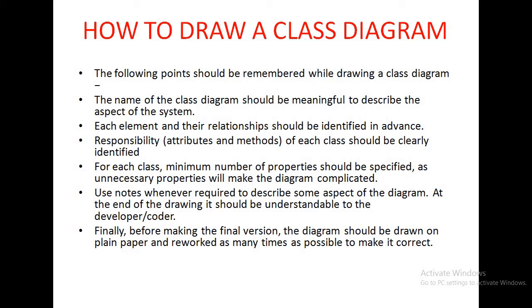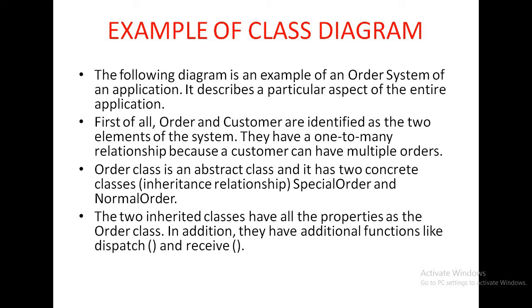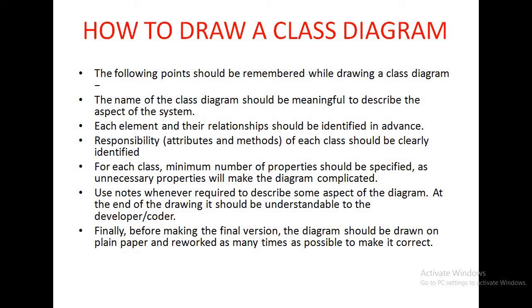Then how to draw a class diagram? Before drawing the class diagram, see how to represent a class in a diagrammatic view. Classes are represented as solid outline rectangles with compartments.